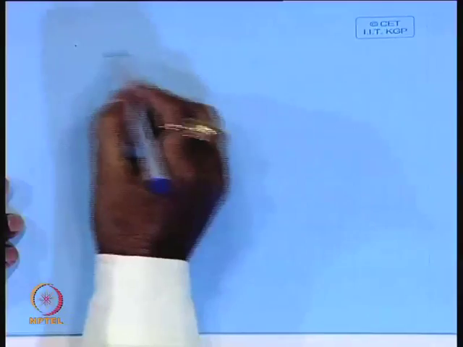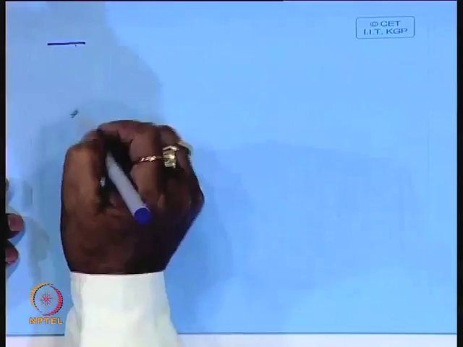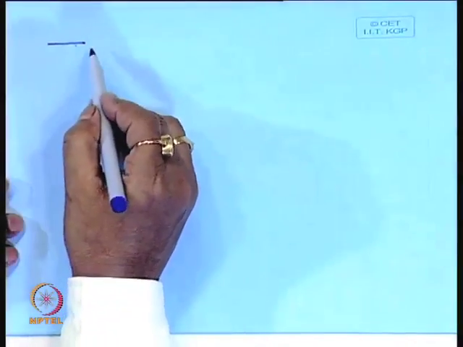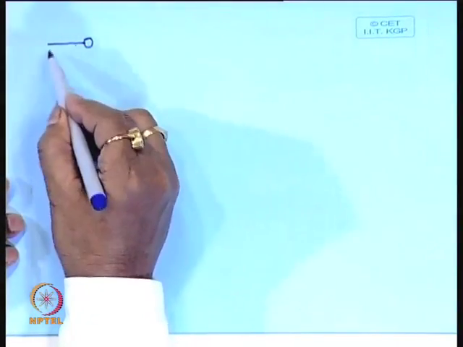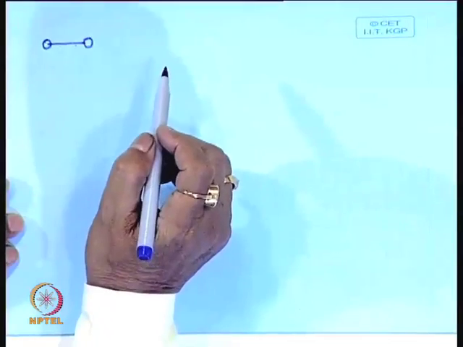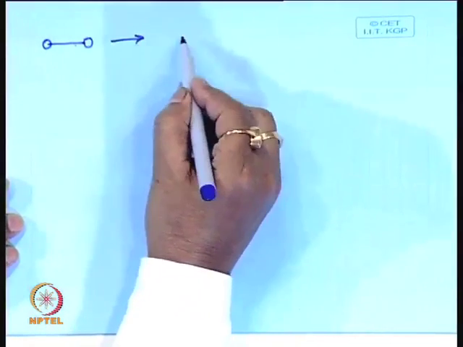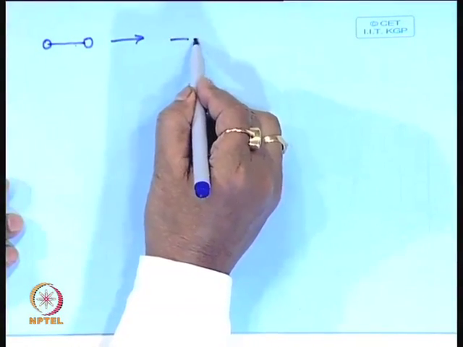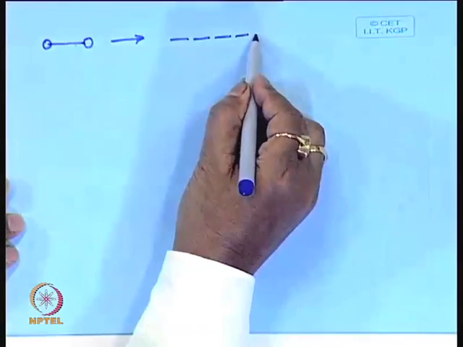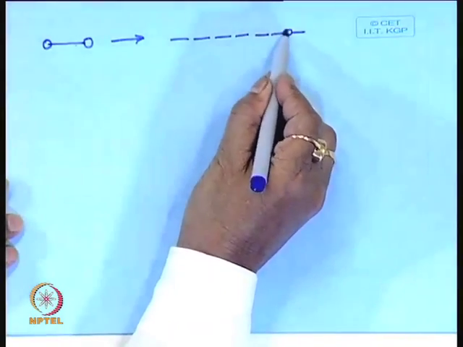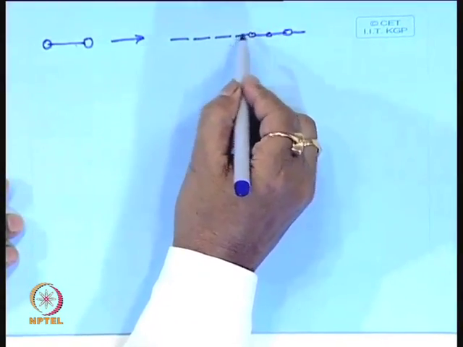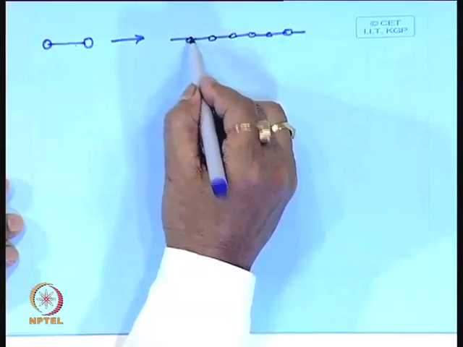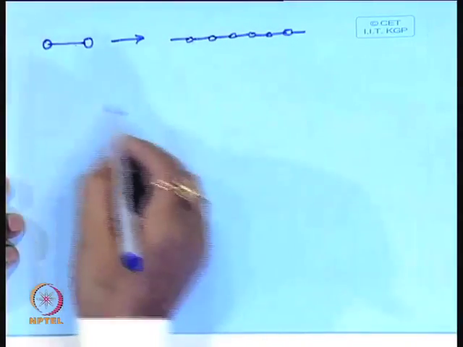If there is a third functional group, what will happen? Suppose this is a molecule having one functional group here, another functional group here. So, it will lead to a polymer like this, joining at these functional sites, leading to a macromolecular chain.